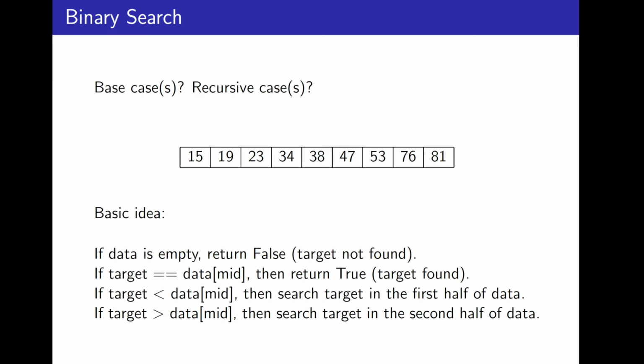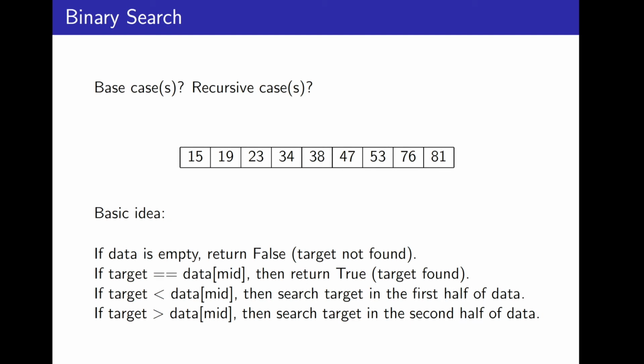The basic idea of binary search is as follows. If the list is empty, return false because the target cannot exist in an empty list. If the middle element of the list equals the target value, return true because we find the target. If the target value is smaller than the mid value, we must search the target in the first half of the data.